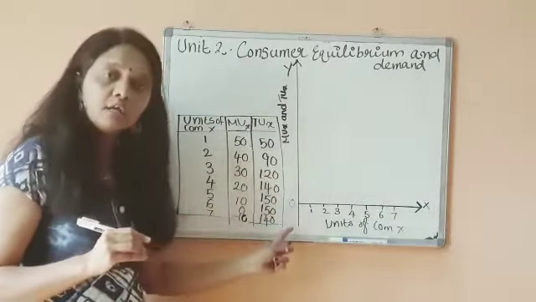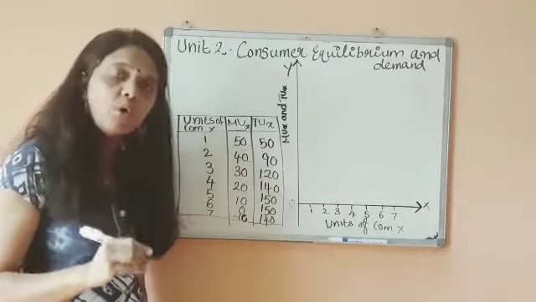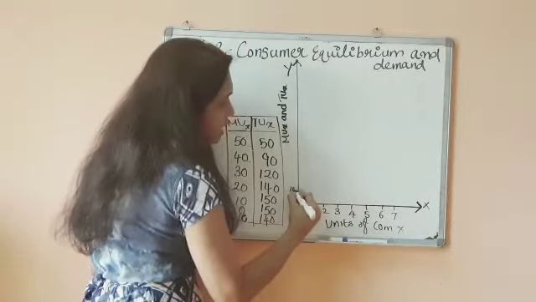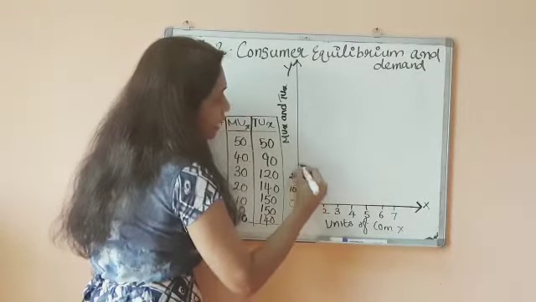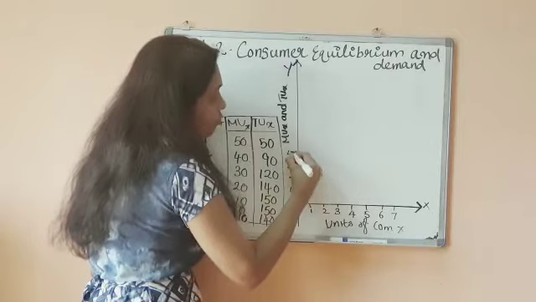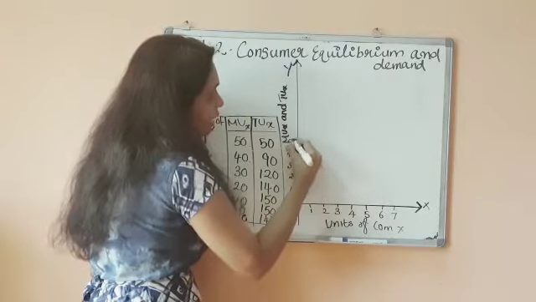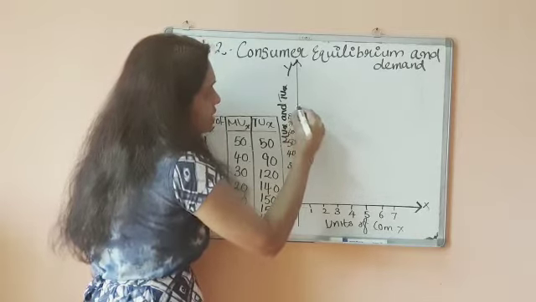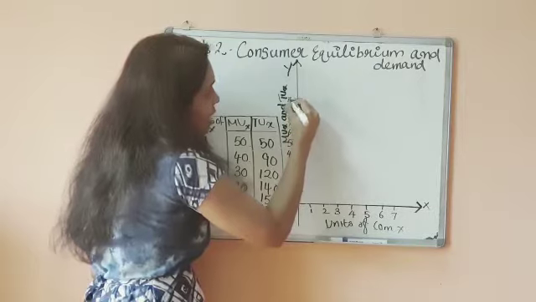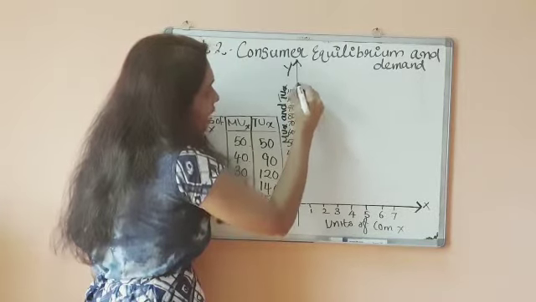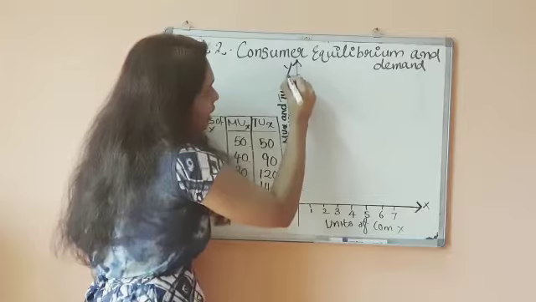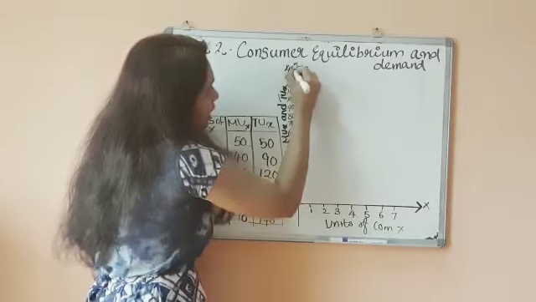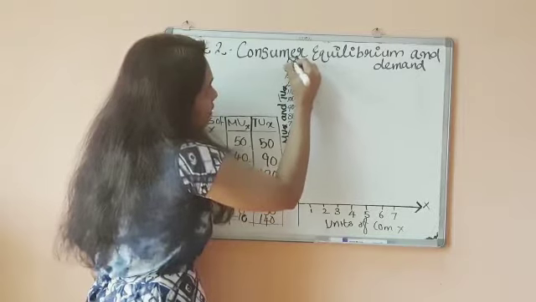Now the OY axis: 10, 20, 30, 40, 50, 60, 70, 80, 90, 100, 110, 120, 130, 140, 150.